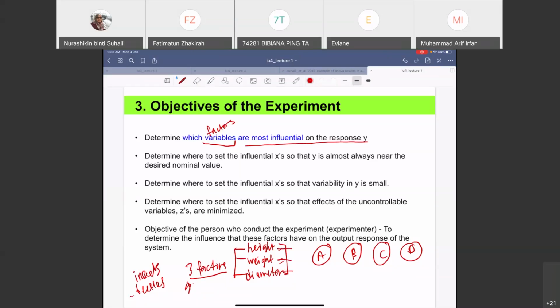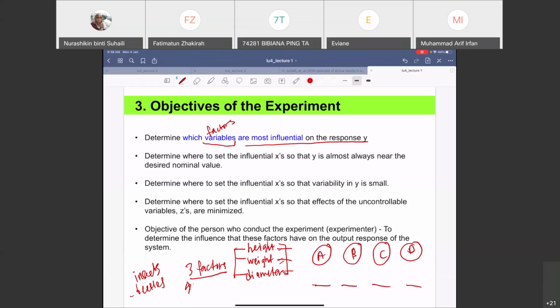For example, the height. You are talking about the height first. The height of beetles collected from area A, area B, area C, and area D. Is it really different? Of course you must have the average value, so you have to have the average value for all the areas, right? Let's say the height, for example, not so big since they are insects.